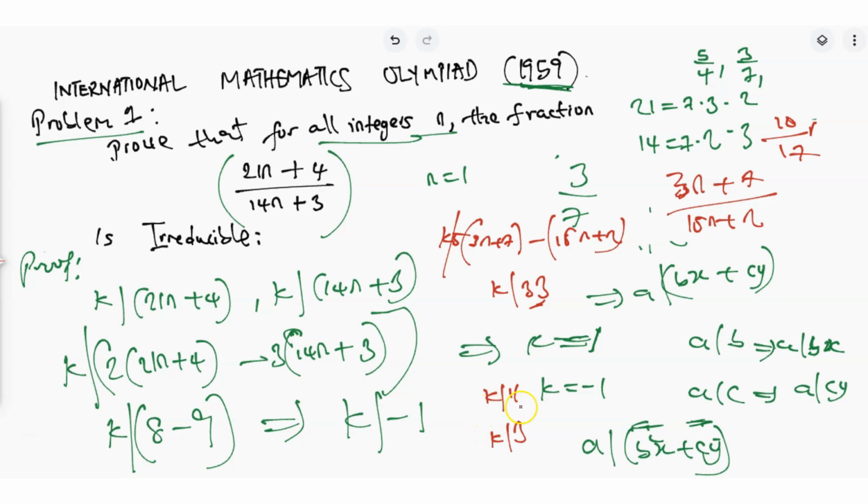But notice that what k divides 11, k divides 3 actually means is that any number that divides these two expressions should be able to divide 3 and 11. Like 3 should be able to divide 3 and 11, but 1 can divide 3 and 11. But that means that at some point this expression should have a form that 3 and 11 can divide. That's what it means.